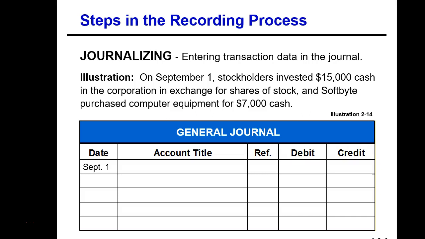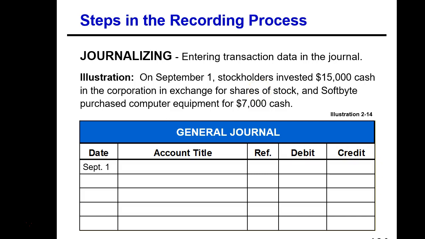The accounts involved would be cash and common stock. Next, ask the question, is my cash account increasing or decreasing? Cash is increasing. What about common stock? That account is also increasing. So both cash and common stock are increasing.